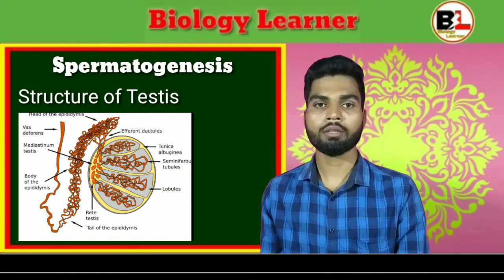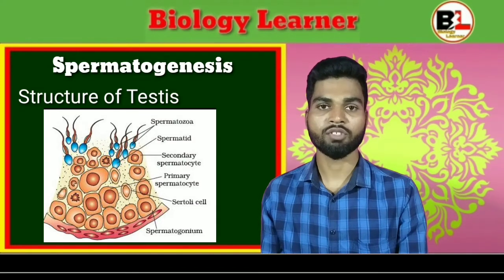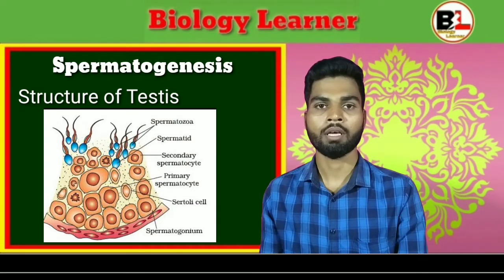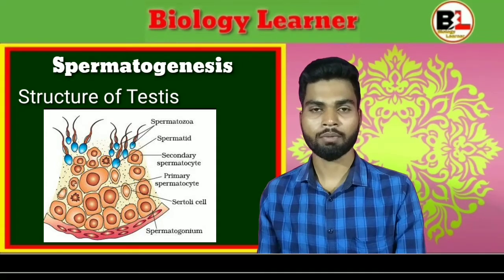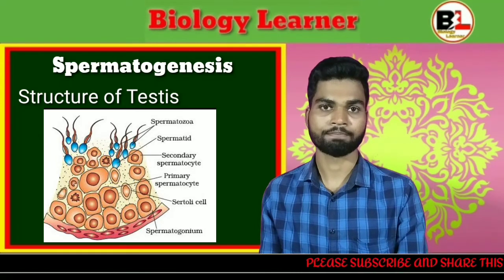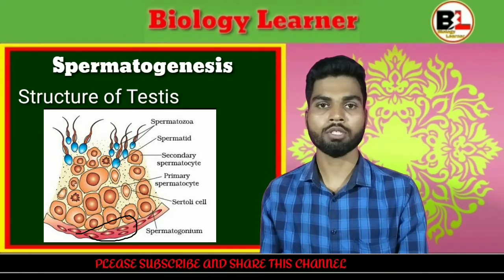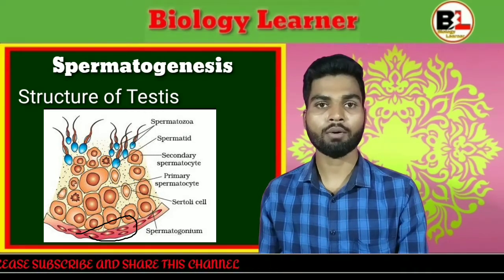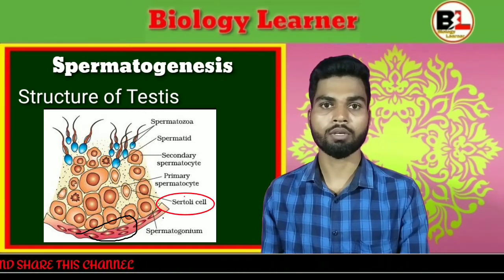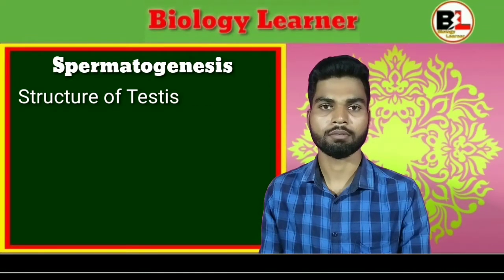If we look at the cross section of the testes, we will find a layer of germinal epithelium around the periphery of the seminiferous tubules, which contains two types of cells: the spermatogenic cells, which produce the sperms, and the sustentacular cells, or the Sertoli cells, which provide nourishment to these sperms.